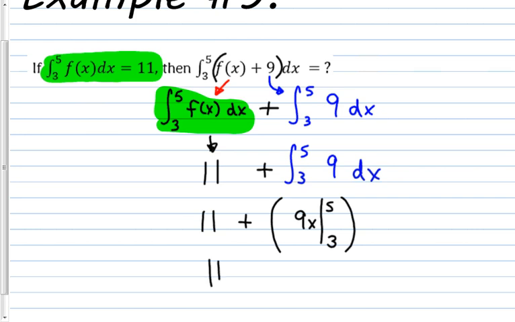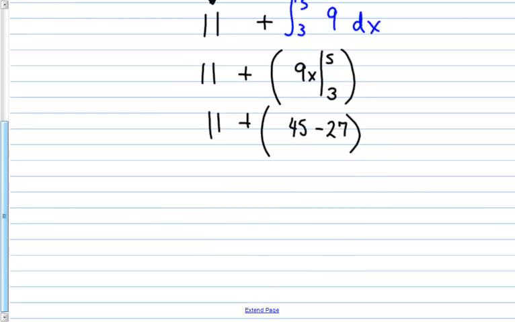So plug in the 5. 9 times 5 is 45 minus 9 times 3, which is 27. So 11 plus 18, that's 29.